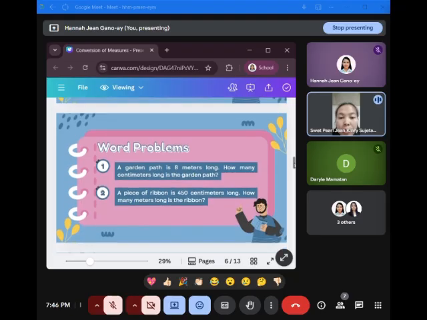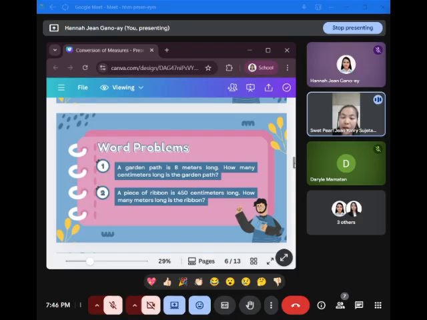The first word problem is: a garden path is 8 meters long. How many centimeters long is the garden path? The second one is: a piece of ribbon is 450 centimeters long. How many meters long is the ribbon?